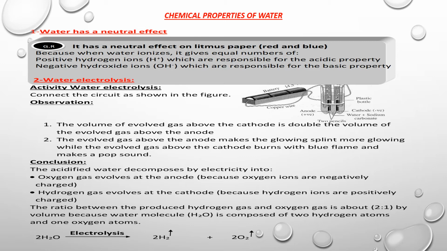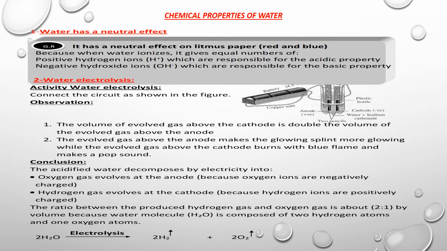So we can conclude that the acidified water is decomposed by electricity into oxygen evolved at the anode because oxygen ion is negatively charged, while hydrogen gas evolved at the cathode because hydrogen ion is positively charged. So the ratio between hydrogen and oxygen is 2 to 1 by volume because the water molecule is composed of 2 hydrogen atoms and 1 oxygen atom.